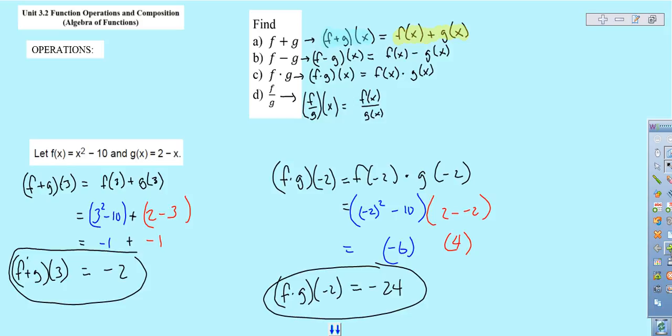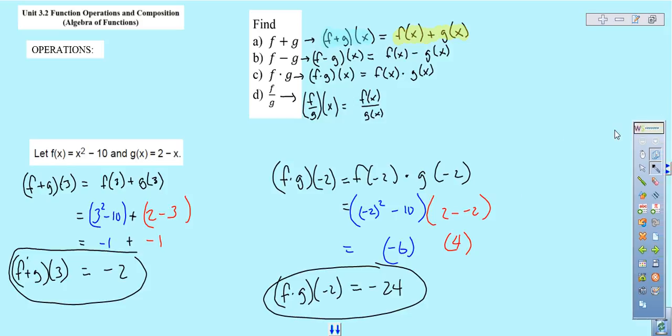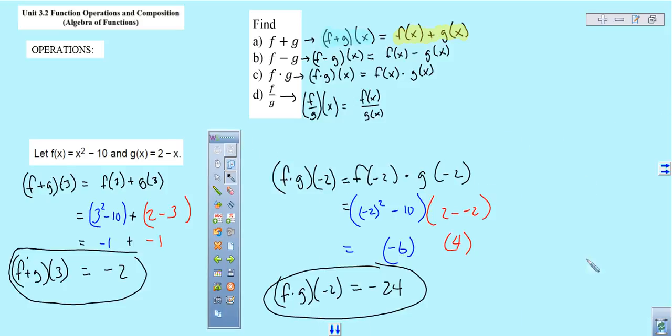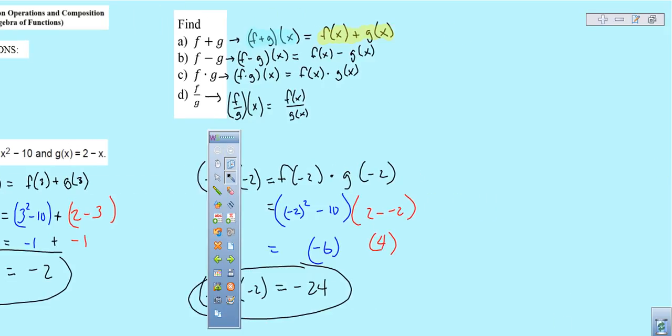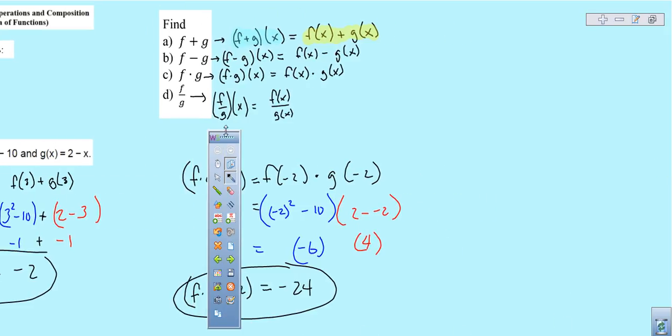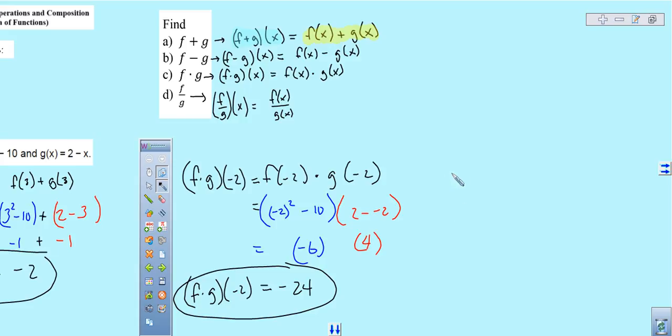All right, last one to wrap up this video. Obviously the division one, be careful with that. You have to plug things in and simplify, but let's not forget that when we have subtraction, there's the whole negative sign thing. So if we did f minus g of negative 4, remember that would be f of negative 4 minus g of negative 4.